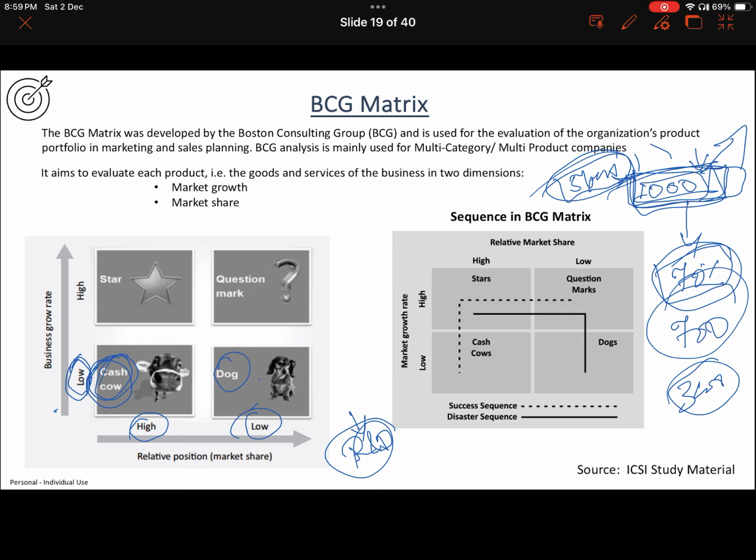Now two important areas. Our position is high, market share is high, and growth rate is also high. For example, SUV cars. These segments, MPV (multi-purpose vehicle) and SUV, are growing fast now.